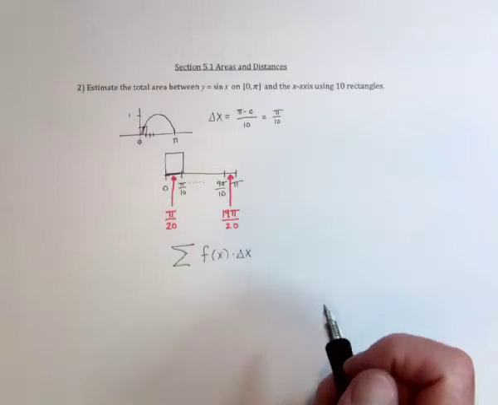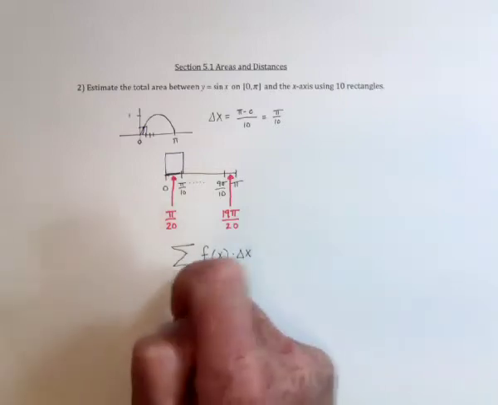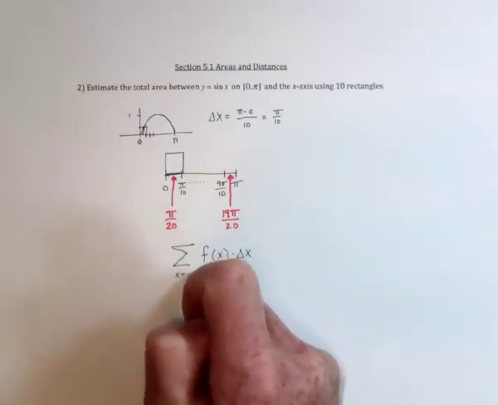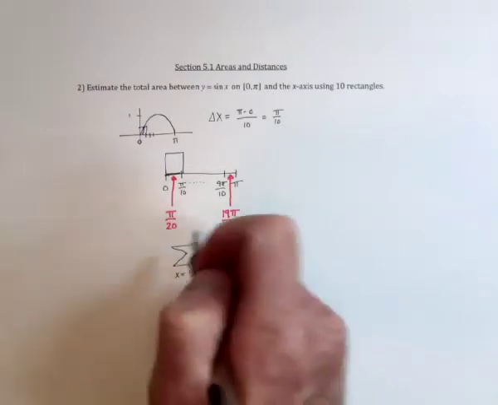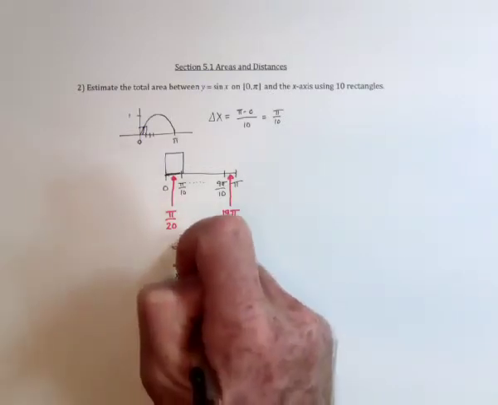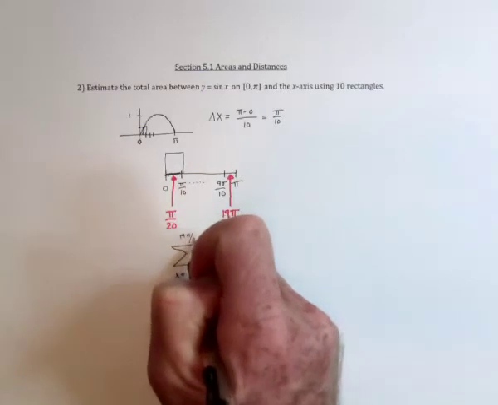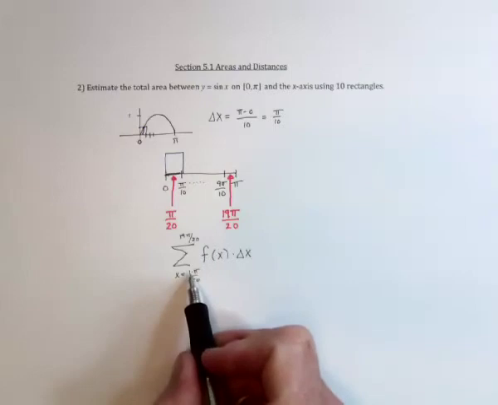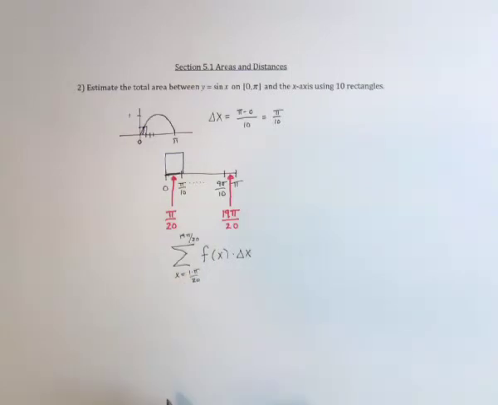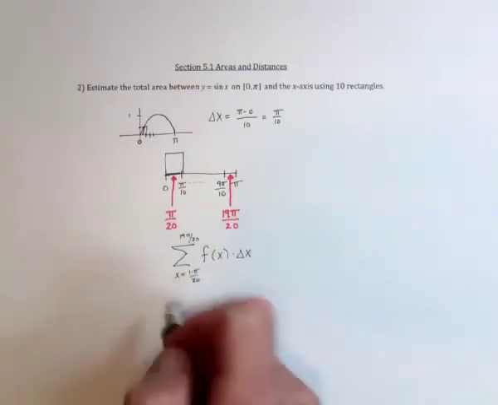And then this x is going to have to start at 1 pi over 20, and 19 pi over 20 would be the ending, and these would have to be odd numbers. Well, we can also have the calculator do it.